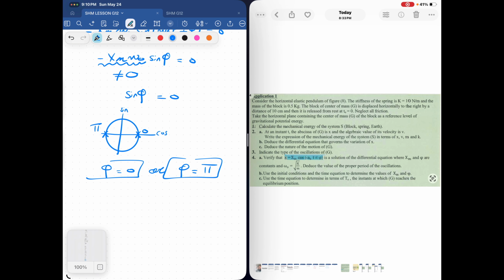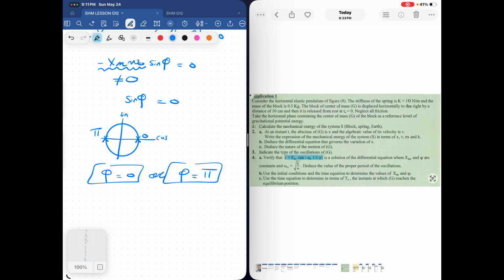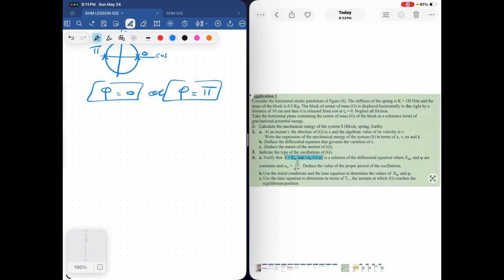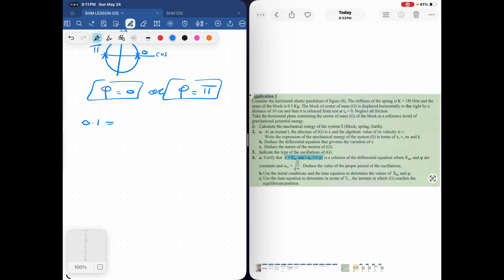Now how am I going to get the right answer? The trick is in the first equation. Since we know that 0.1 is equal to xm cosine phi, and xm being bigger than 0, positive, then for all of this to be positive, because this number is positive, the value that will determine the sign of the function is the cosine.